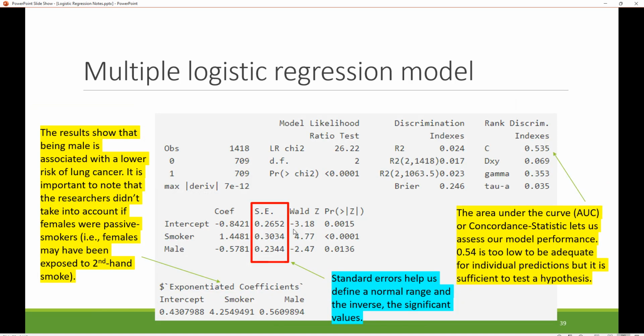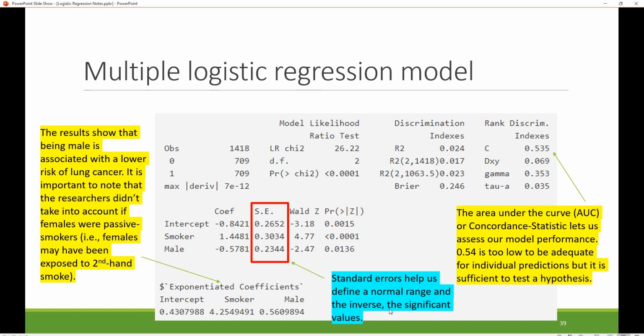Here are the results from a multiple logistic regression model. The results show that being a male is associated with a lower risk of lung cancer. It is important to note that the researchers didn't take into account whether females were passive smokers. In other words, females may have been exposed to secondhand smoke. Highlighted in that red box, we have standard errors, and those help us define a normal range.